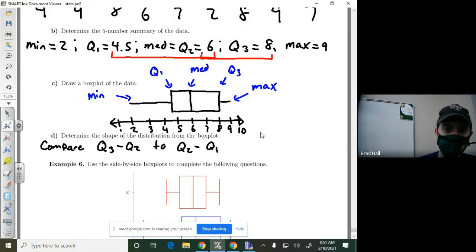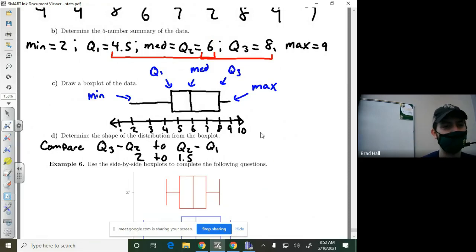Now the differences here would be 2 to 1.5, and those are relatively close. Are they approximately close enough to consider this a symmetric distribution? That's relative. I don't know.